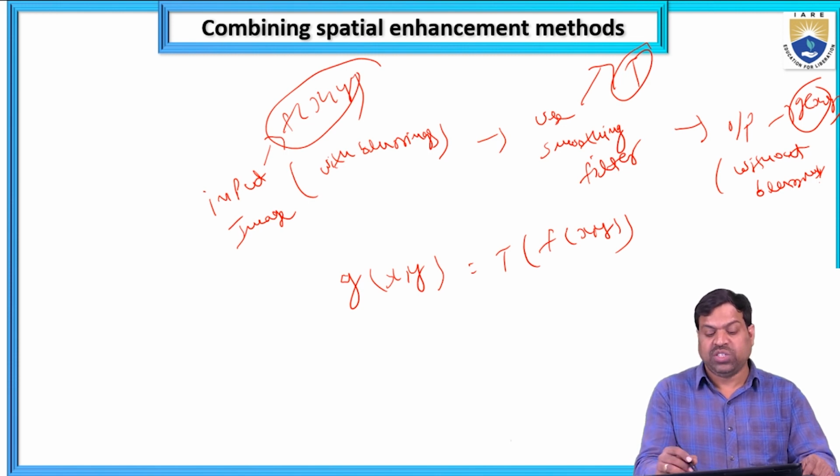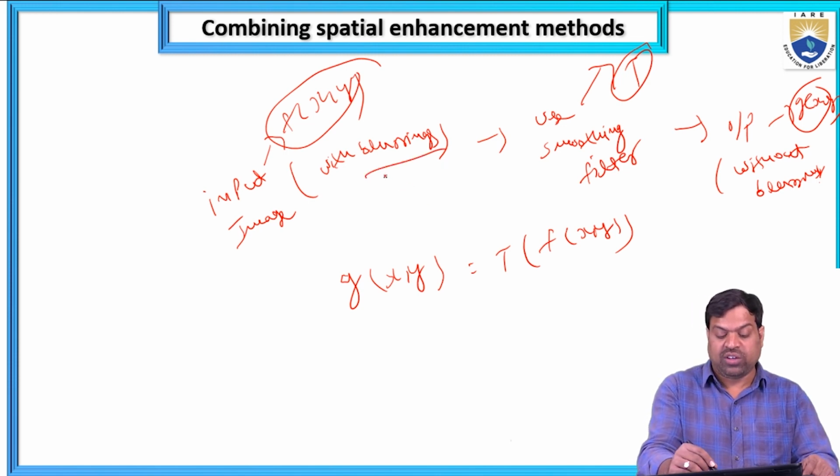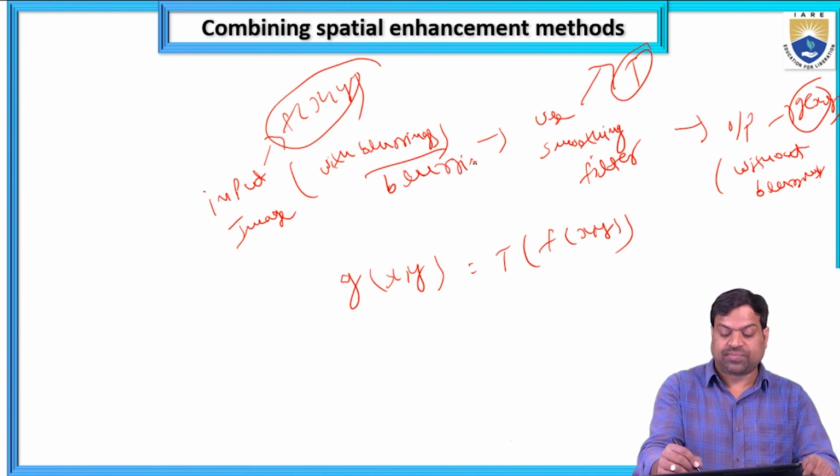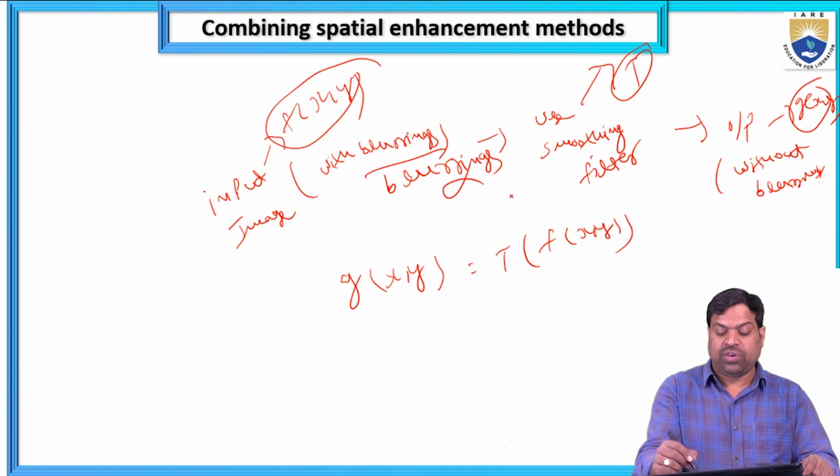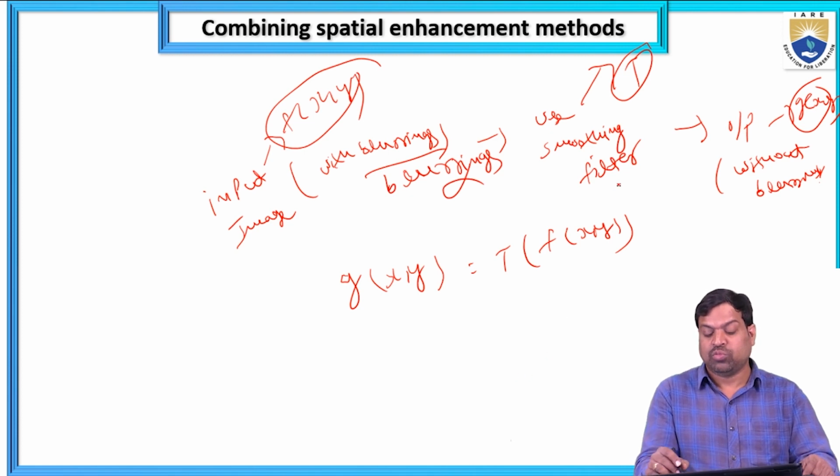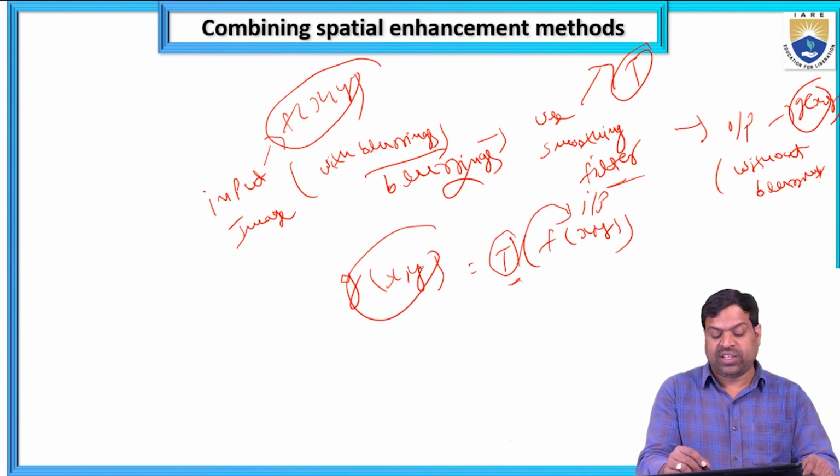What is the use? Removing the blurrings. We have to remove the blurrings with the smoothing filter. So g of x comma y equals the smoothing filter T applied to f of x comma y. So this smoothing filter is applied to the input, then we will get the output.